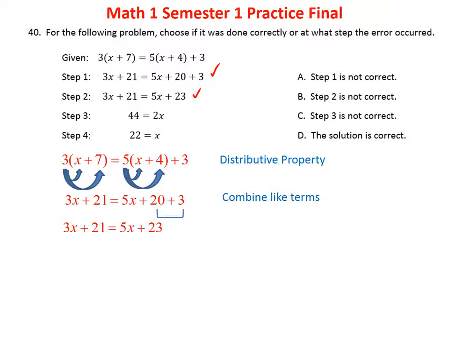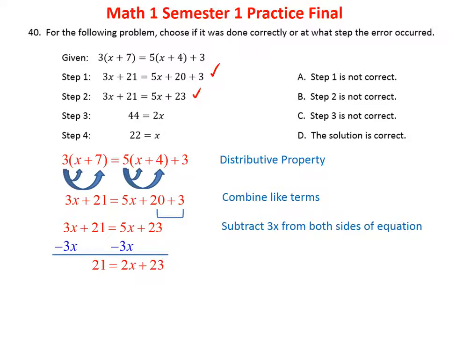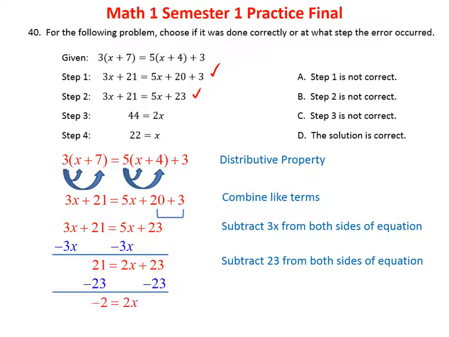What's our next step? Our next step is to combine the terms, and so we're going to get the x's on one side and the numbers on the other. So I'm going to subtract first 3x from both sides, and that gets me 21 equals 2x plus 23. And then we're going to subtract 23 from both sides, and we end up with minus 2 equals 2x. If you compare that up here, you'll see that at this point we're wrong.